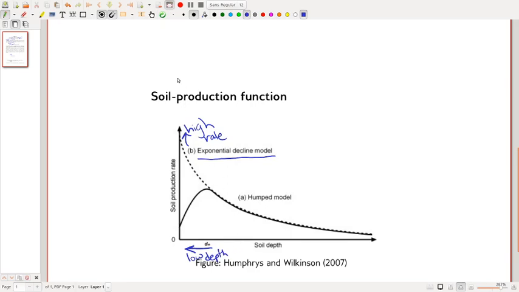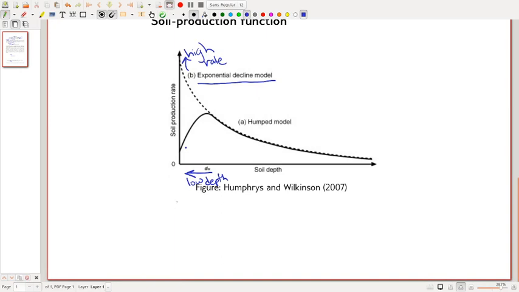And so you can think of here, at this end of this figure, we're going to have something that's just like an itty bitty set of A, B, C, R. On the other hand, on this end, we're going to have some sort of really big A, B, C, R. So there is going to be much larger, much deeper soil, much larger soil horizons.